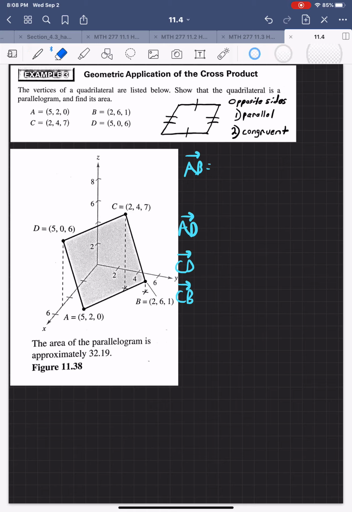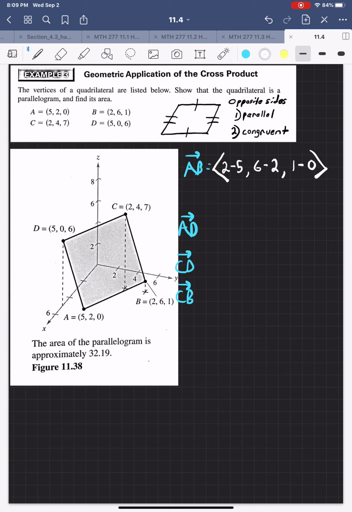So A to B in component form, as you recall, the initial is A, the terminal is B, so it's basically terminal component minus initial component, right out of the first couple sections. So that's going to be 2 minus 5, and that's going to be 6 minus 2, and that's going to be 1 minus 0.